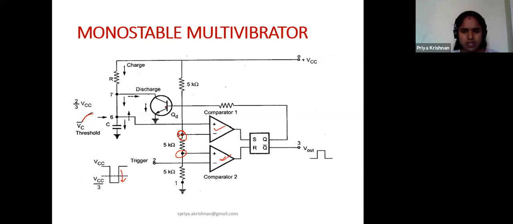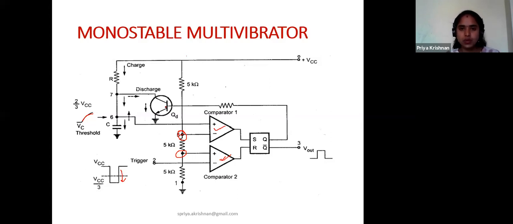So what you can understand from this is, initially the transistor was in on state. The capacitor discharged completely up to the 0 point, and then I applied a trigger. After receiving the trigger, comparator 2 comes into the picture, and it released a signal which made Q to 0.